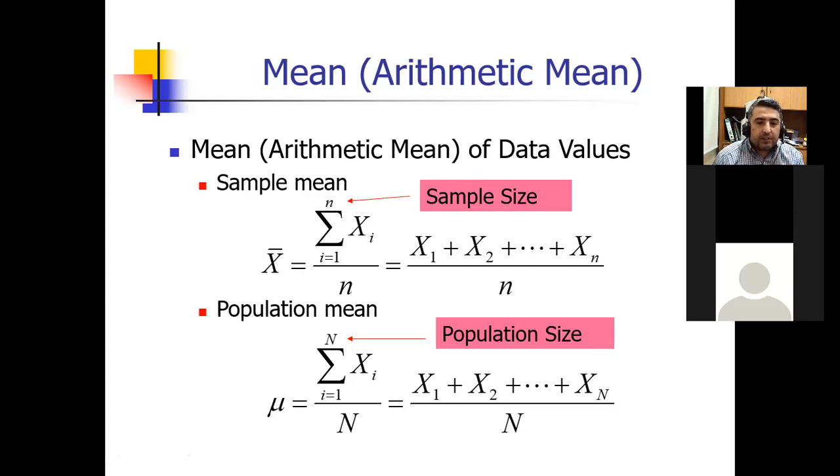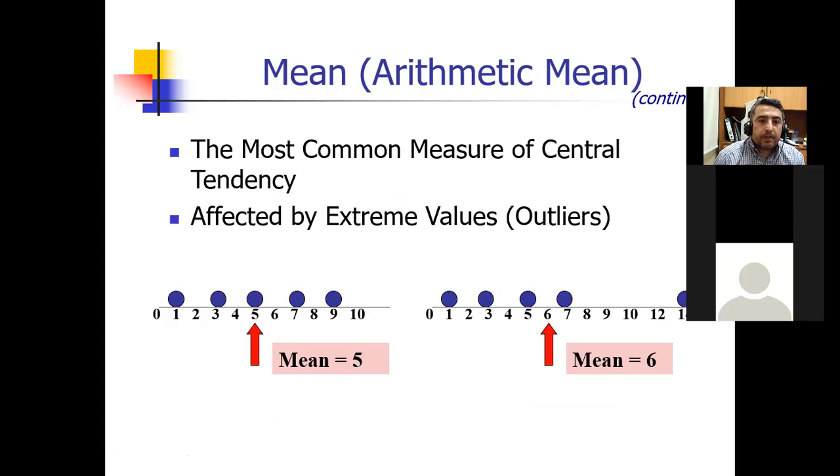Okay, so these are the formulas for the mean. This is the most frequently used measure of central tendency.